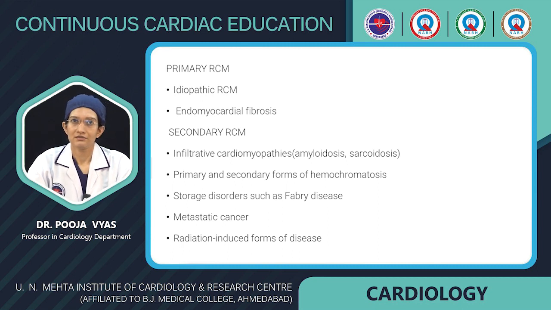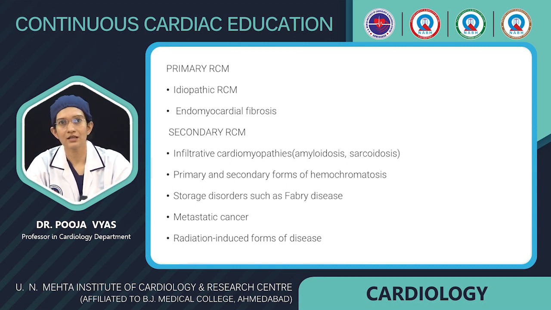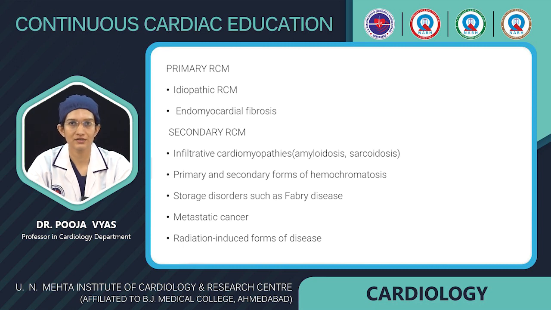In secondary restrictive cardiomyopathy, infiltrative cardiomyopathies like amyloidosis, sarcoidosis, primary and secondary forms of hemochromatosis, other storage disorders like glycogen storage disorders, Fabry's disease, metastatic cancers, and radiation-induced forms of the disease, they will all come under the group of secondary restrictive cardiomyopathies.